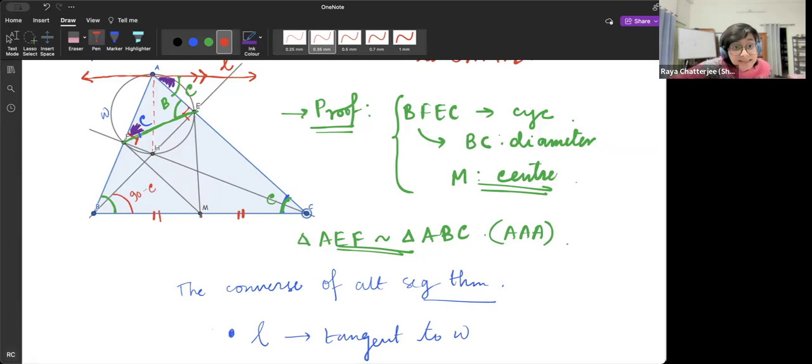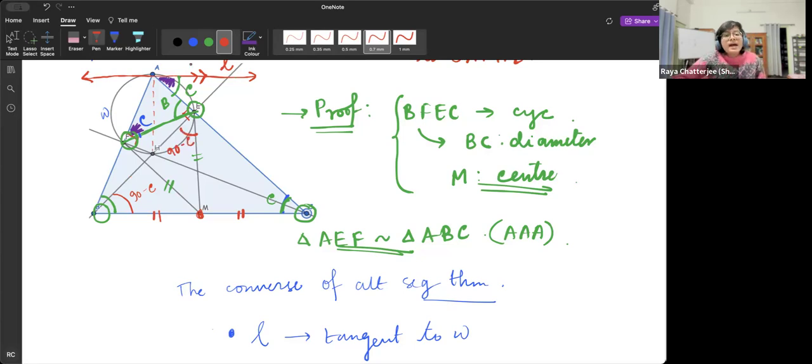And M is the center of the circle that consists of these 4 points. Therefore, MB equals MC equals ME equals MF because all 4 of them are equal to the radius of that particular circle. Since MB equals ME, I can say that this angle is 90 minus C as well.